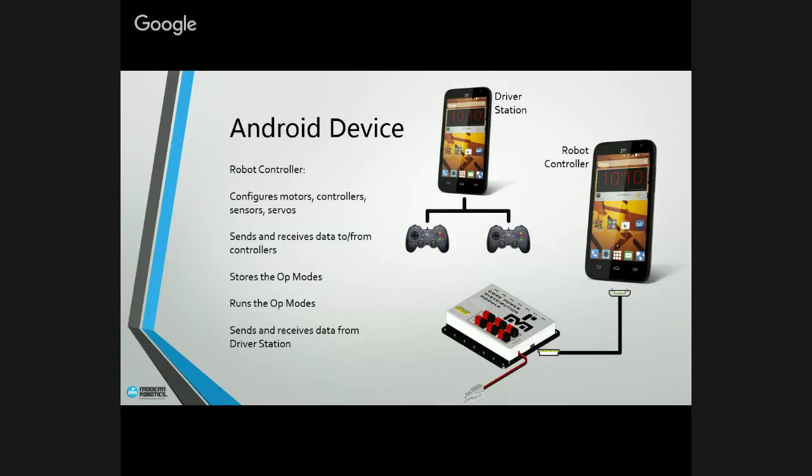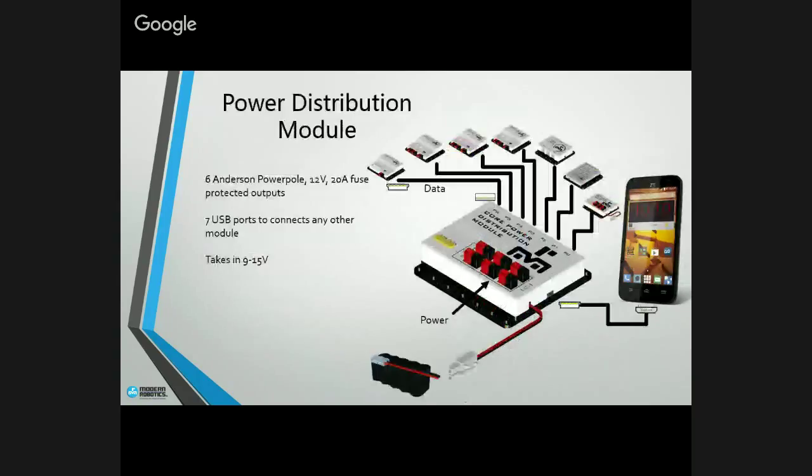And this is also the program that stores all of your Java code, all of your op modes, and that connects directly to the power distribution module. There it is. So the power distribution module. On the power distribution module, we have 6 Anderson power poles outputs, 12 volts, and we have a 20 amp fuse to protect against voltage spikes.